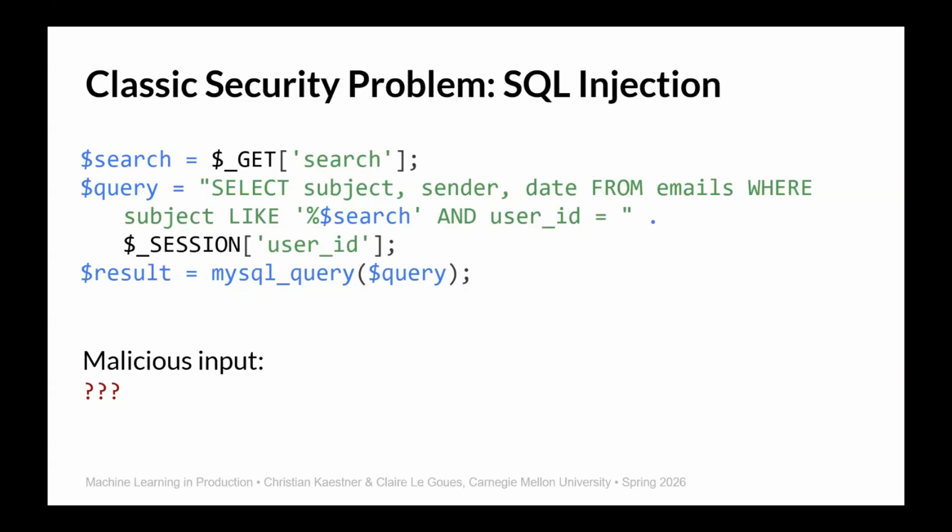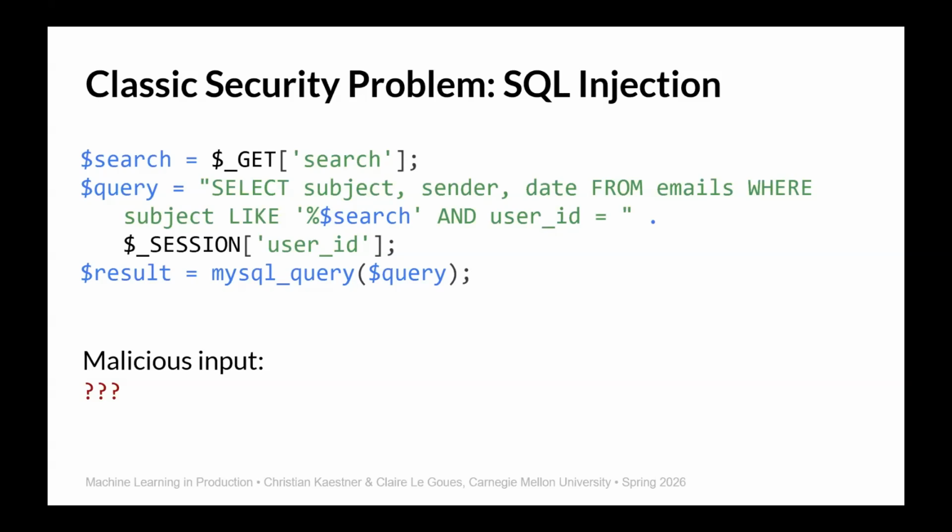So what's a bad thing that an attacker can do? So an attacker could try to get the information of every user by essentially modifying the query through the information that they can access, right?